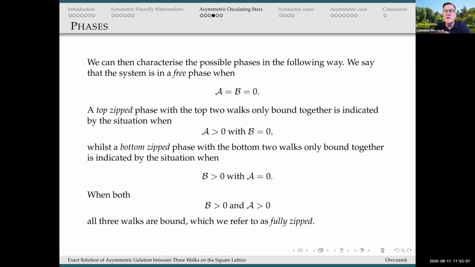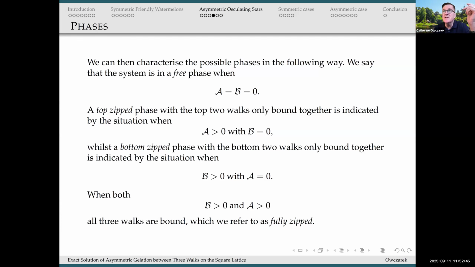They might start off having some contacts and then wander off generically, thermodynamically. Or B is 0, so the bottom walker wanders off, but the top two walkers stay close together. That's when A is bigger than 0 and B is equal to 0. The opposite situation is where the bottom two walkers are zipped together but the top two are not, or all three walkers are zipped together. You can imagine these are all different thermodynamic phases.